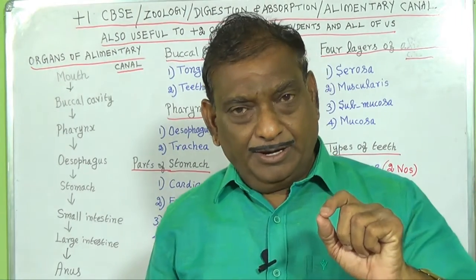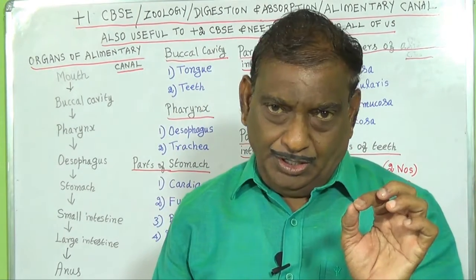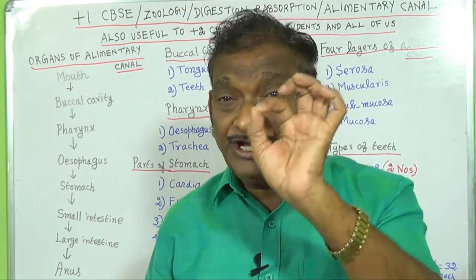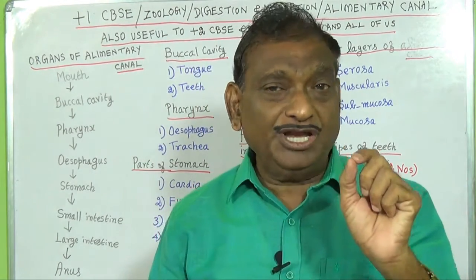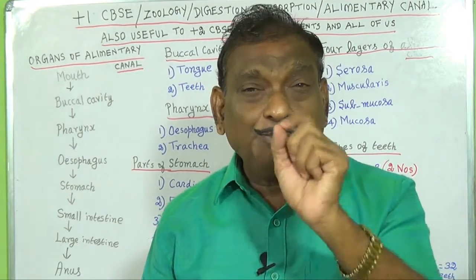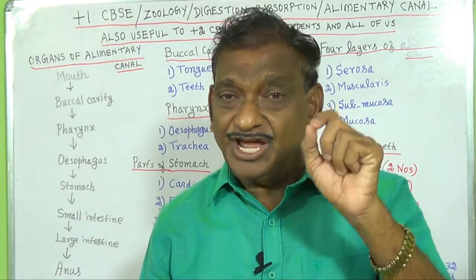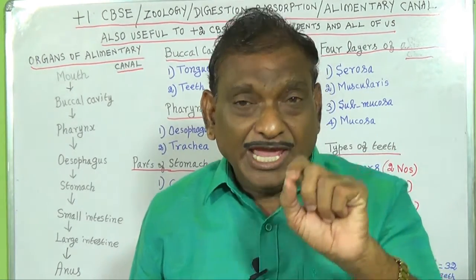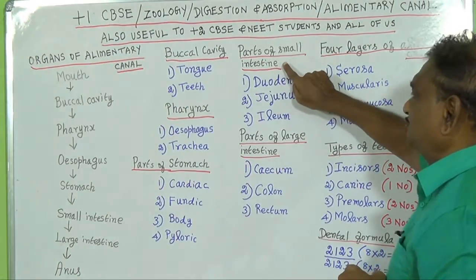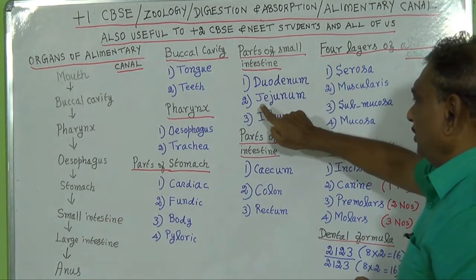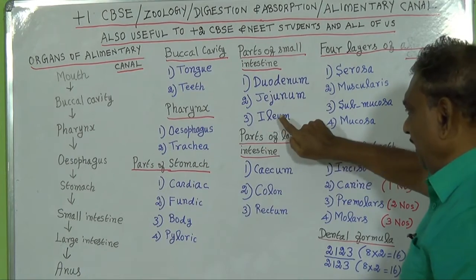After that, we are going to see the parts contained in the small intestine. In the small intestine there are 3 parts. One is duodenum, another is jejunum, the third is ileum. Parts of the small intestine: 1 duodenum, 2 jejunum, 3 ileum.